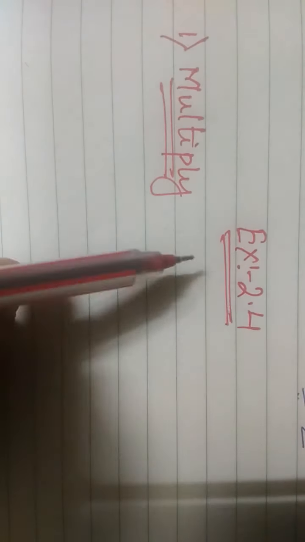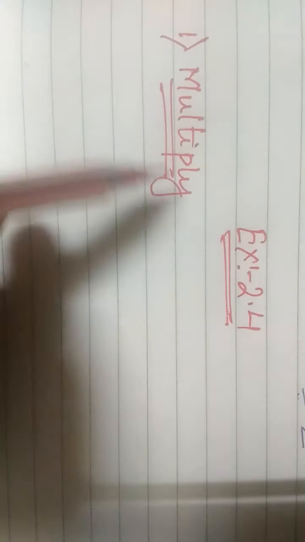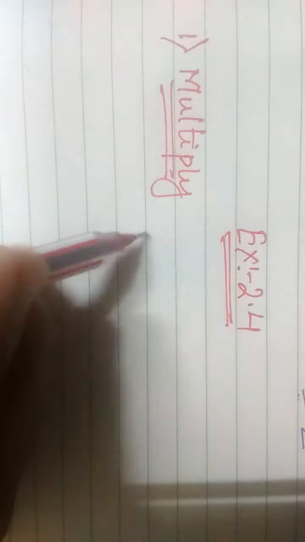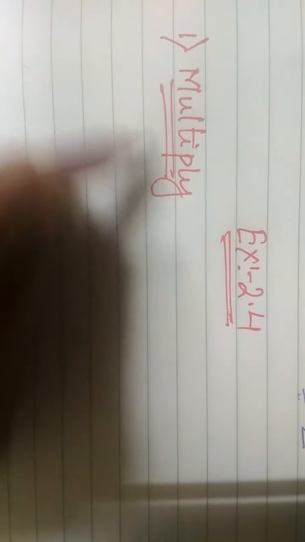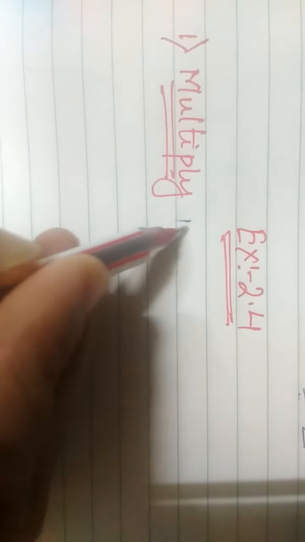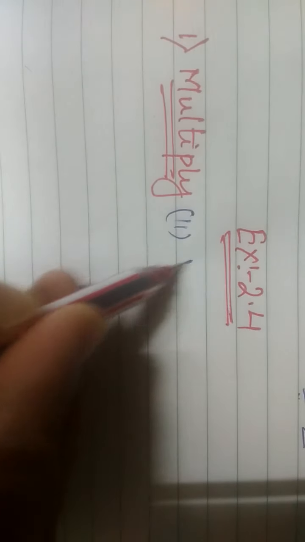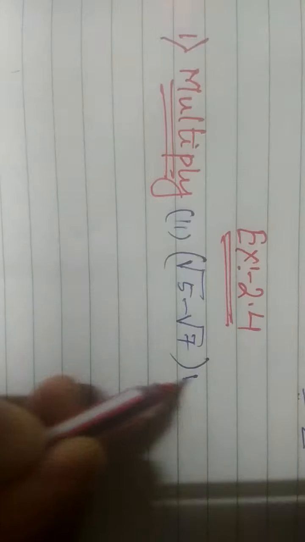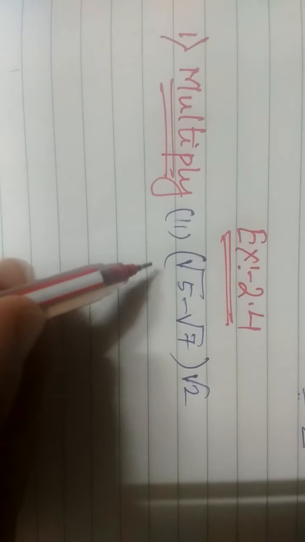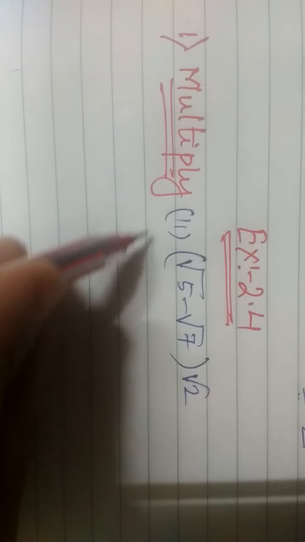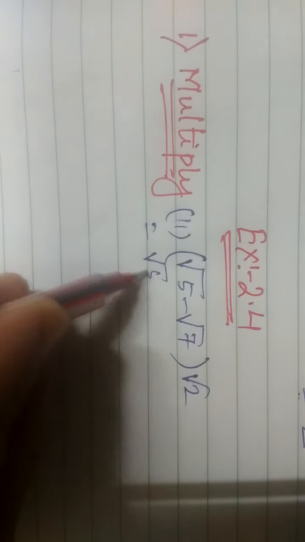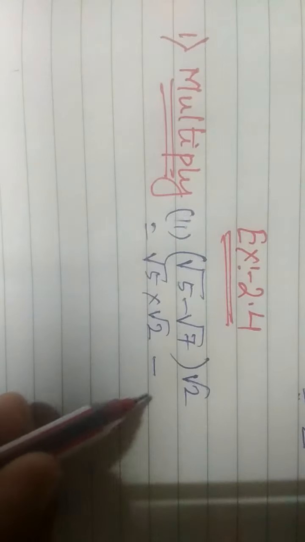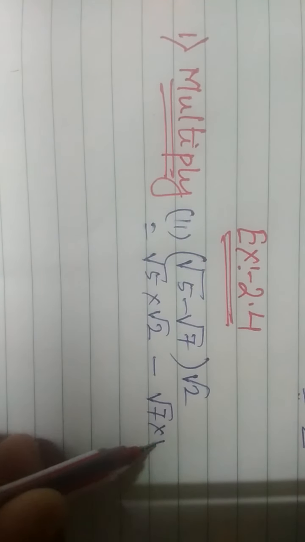So now we will start with exercise 2.4. The first question is multiply. Let's take one example from this question, the second bit: root 5 minus root 7 multiplied by root 2. Similarly, how we multiply other sums, root 5 multiplied by root 2 minus root 7 multiplied by root 2.